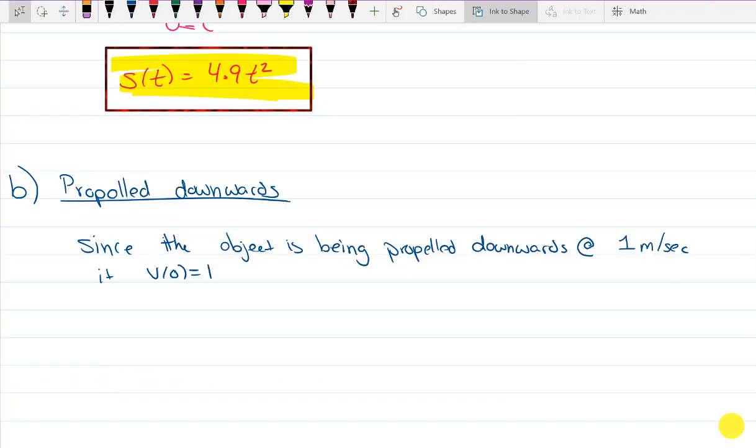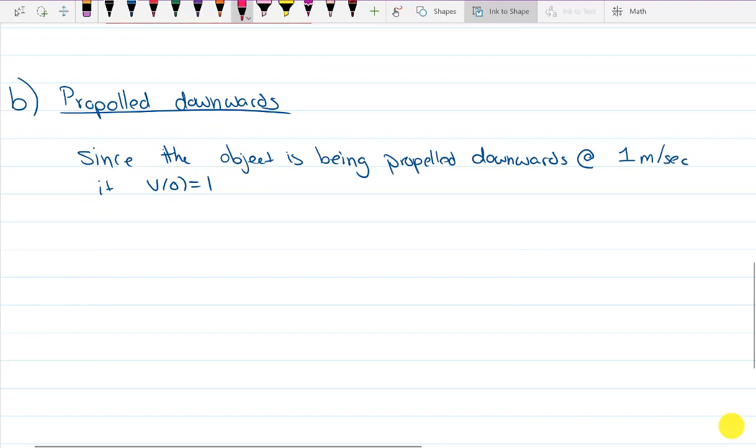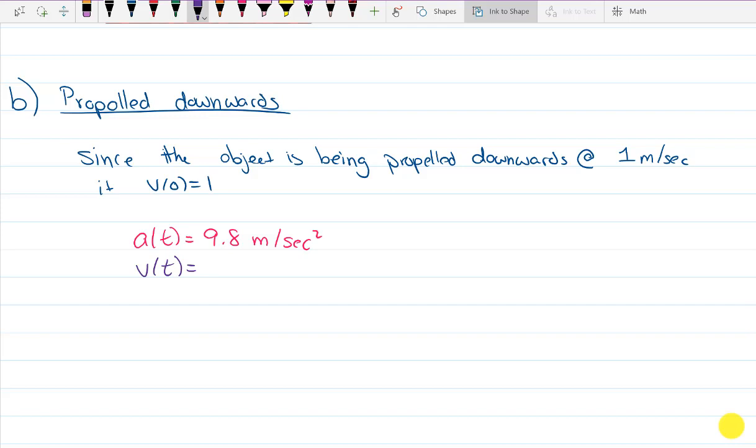So right when it launches, right away, it's at 1 meter per second. So we're going to follow the same idea. We're going to take a of t, which is 9.8 meters per second squared, and we're going to determine the velocity by taking the antiderivative.